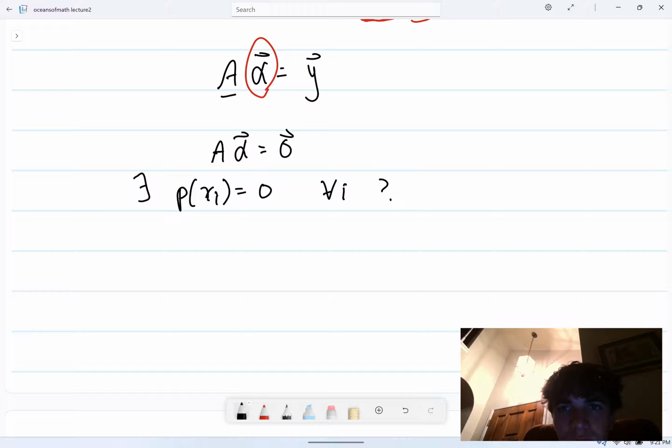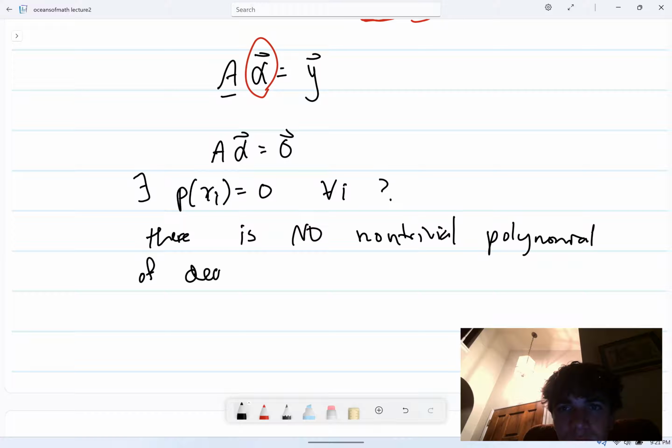And so there is no non-trivial polynomial of degree less than or equal to n minus 1 with n distinct roots. Okay?